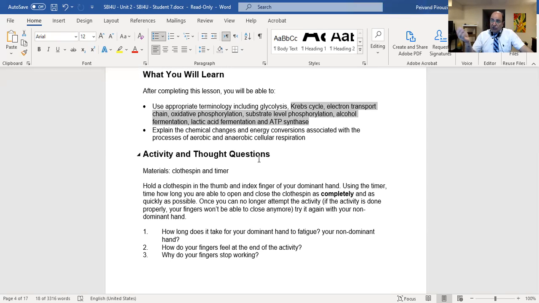This is why we are going to look into the Krebs cycle. Krebs cycle is because we are going to use glucose in order to produce ATP at the end of the Krebs cycle.